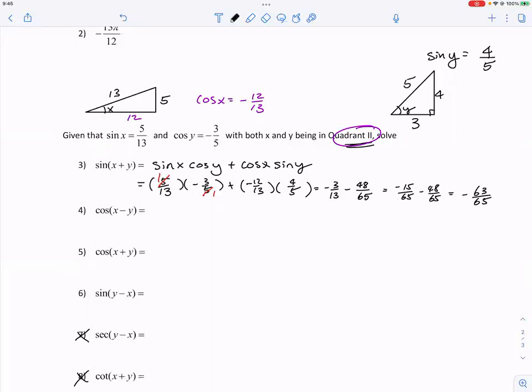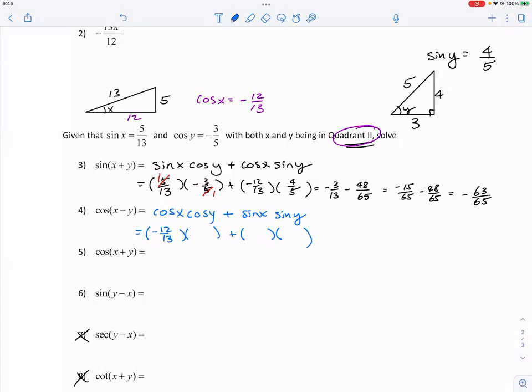All right, let me continue to work on this. Cosine of X minus Y is cosine X cosine Y plus sine X times sine Y. So I draw my parentheses. Cosine X is negative 12/13.